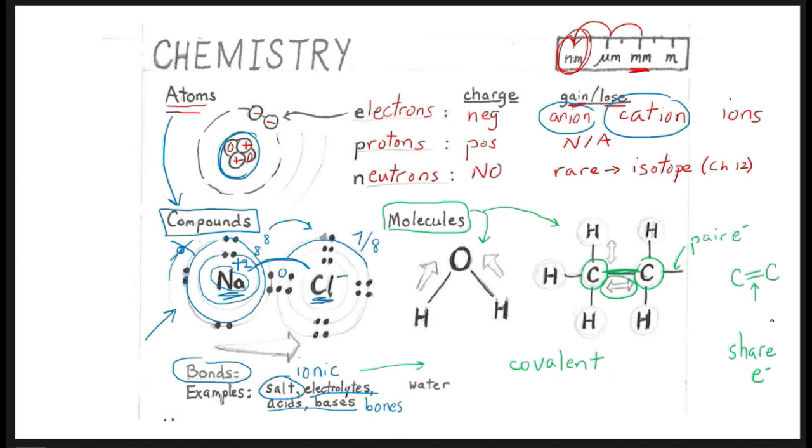Covalent bonds, pretty simple. The magic about them is they're really stable. Unlike ionic bonds over here, they don't readily dissolve in water. So if you put them in water, they're going to stay together. And since our body is mostly water, we want the molecules that make up most of our body to stay together. So stable, but they're a little more flexible.